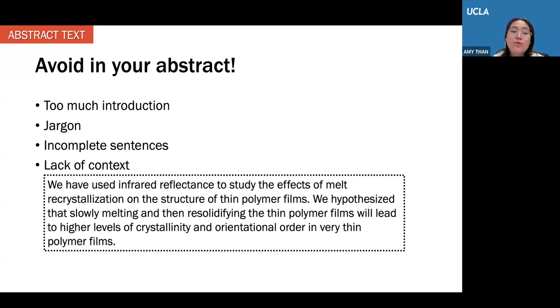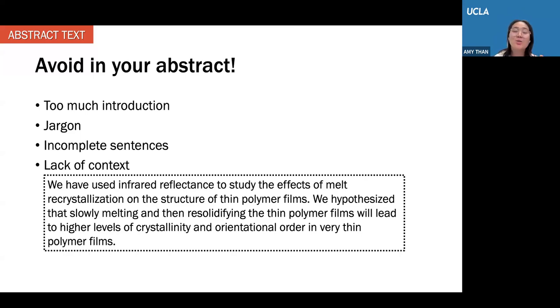Also, try to avoid leaving the reader in the dark for certain ideas. For example, if your abstract said, we have used infrared reflectance to study the effects of melt recrystallization on the structure of thin polymer films. Honestly, what does this mean?